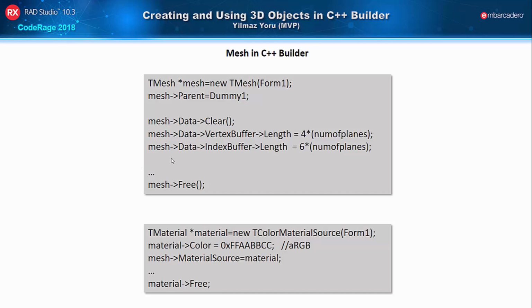After defining mesh data, if we don't use this mesh at the end of the program, when you close it or when you don't use it, you should free the mesh from memory.